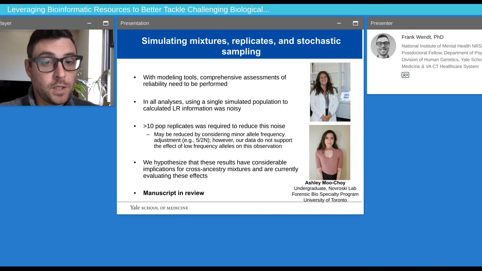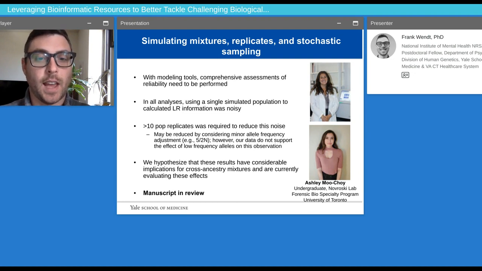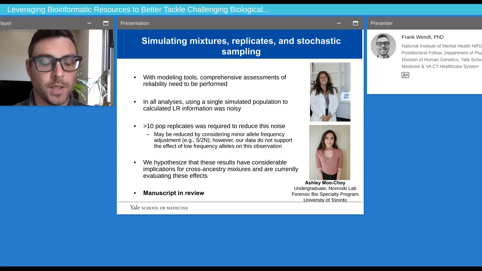We tended to highlight a population replicate count of 10, although this may be able to go down a little if we considered a minor allele frequency adjustment, which we did not do in our study. It is very common to apply this 5/2n threshold or adjustment to alleles observed fewer than X number of times.